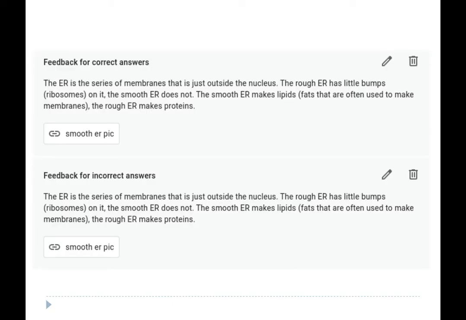And in the feedback that was given to you on the practice quiz, the second sentence, the smooth ER makes lipids, fats that are often used to make membranes, and the rough ER makes proteins. So in a couple of different places, you were presented with the information that the smooth ER makes lipids or fats, and these are not proteins.